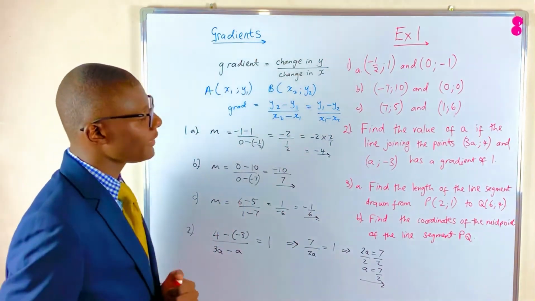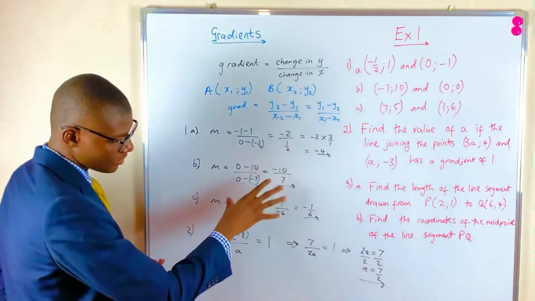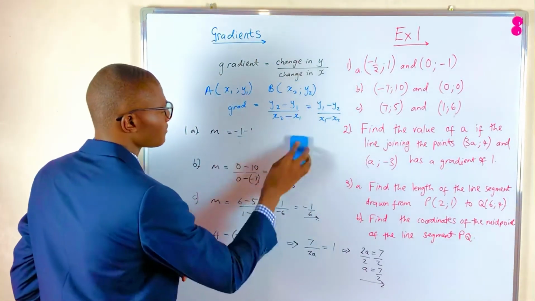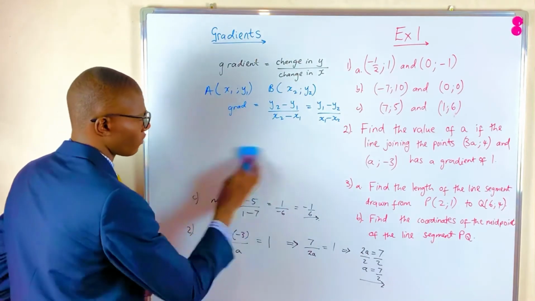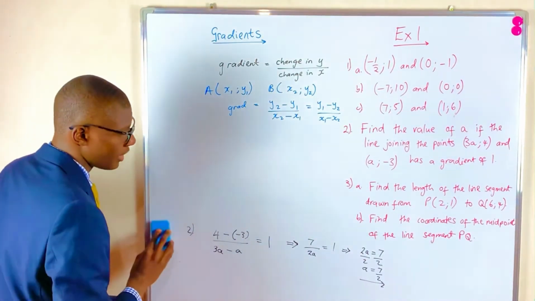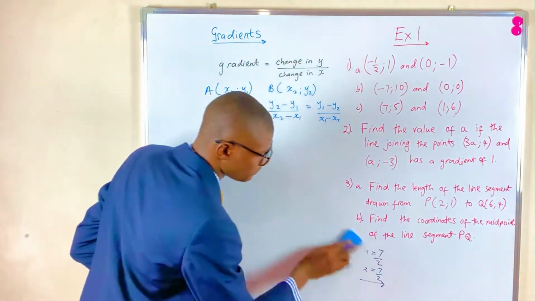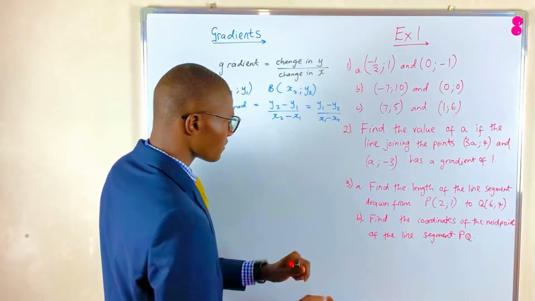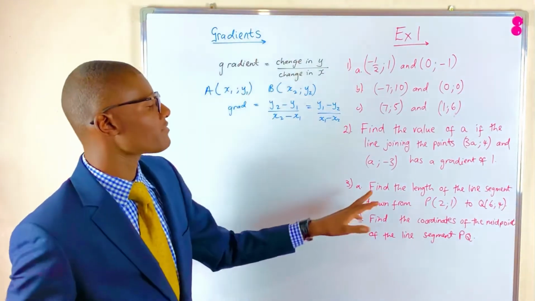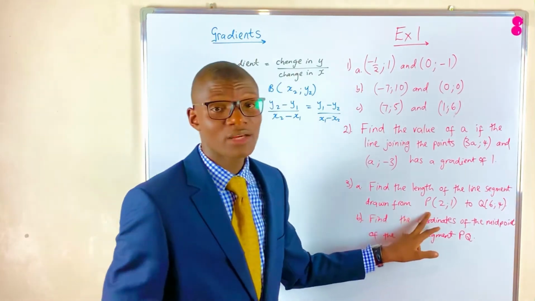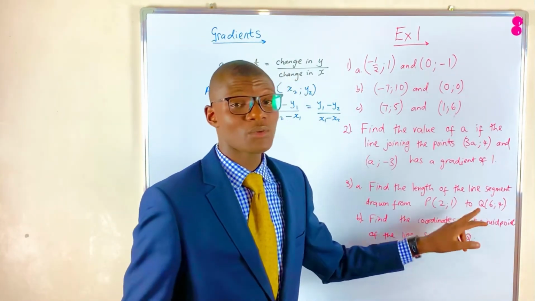Now for number 3, allow me to erase this part, just create some space here. Okay, so number 3a says find the length of the line segment drawn from P, which is (2, 1), to Q, which is (6, 4).